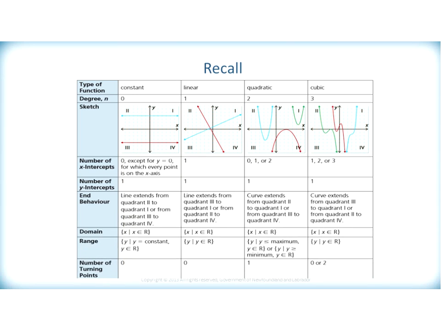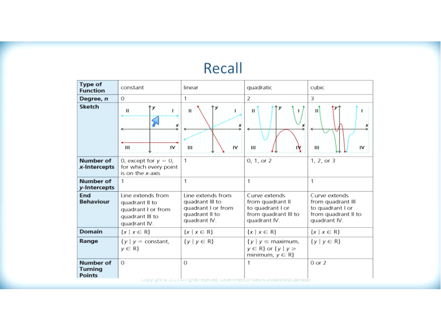If we recall the polynomial functions we looked at in Section 5.1, we have a constant, a linear function, a quadratic function, and a cubic. A constant is of degree 0, a linear of degree 1, quadratic degree 2, cubic degree 3.